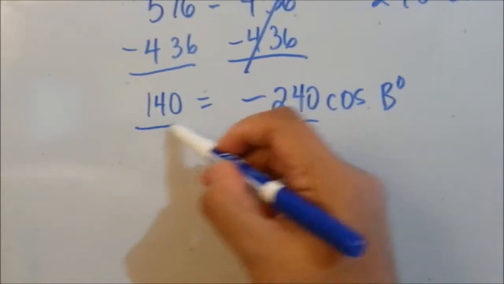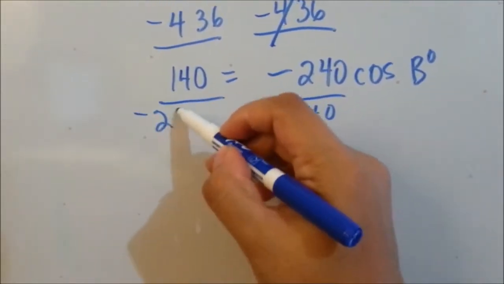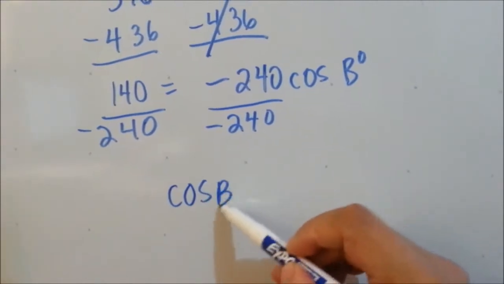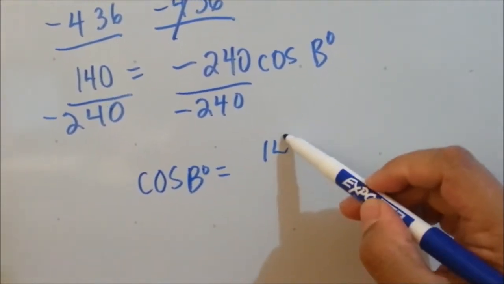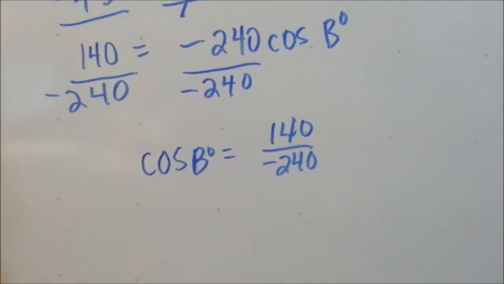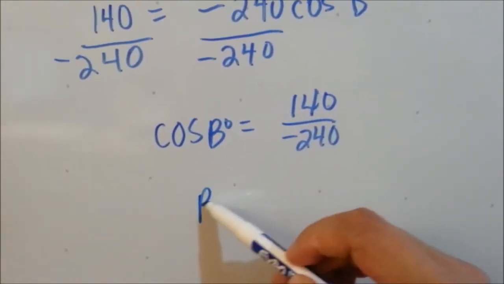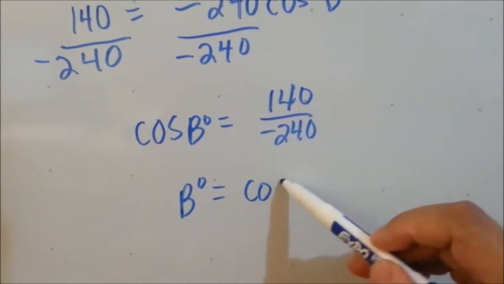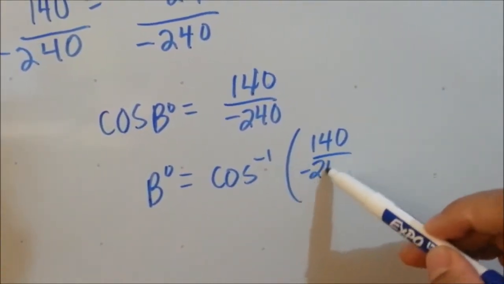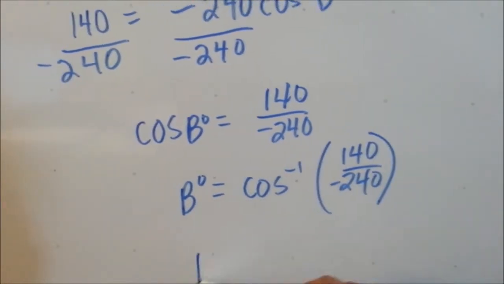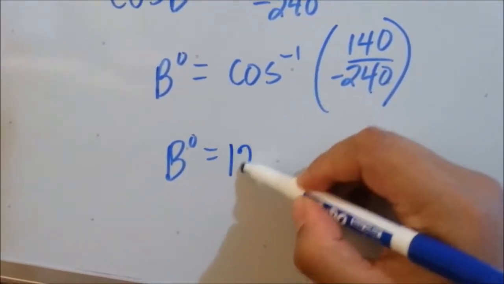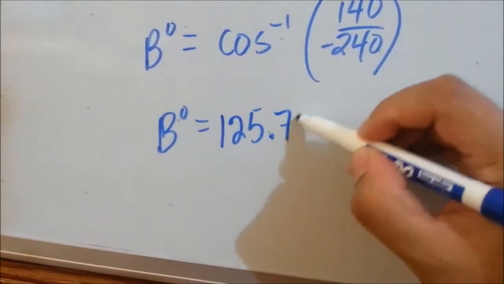It's going to be a negative ratio. So we have that the cosine of B is 140 over negative 240. We want B, so B is equal to the inverse cosine of 140 over negative 240. So B is equal to 125.7. Okay.